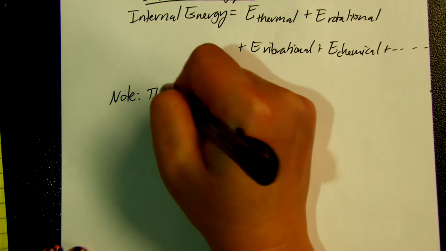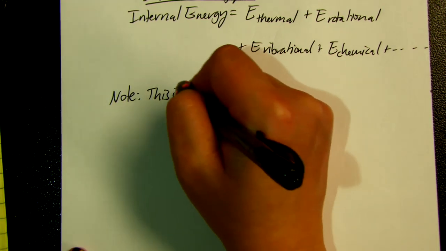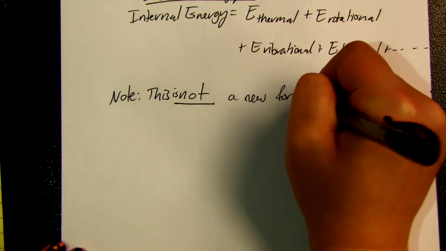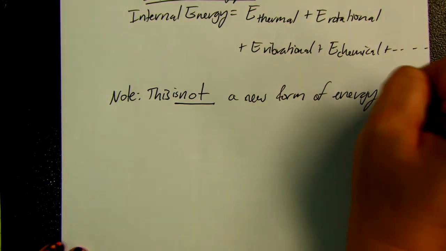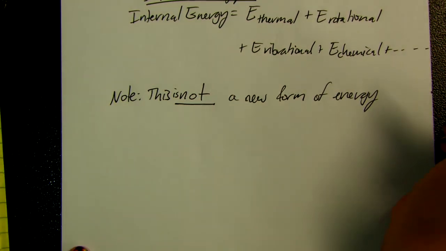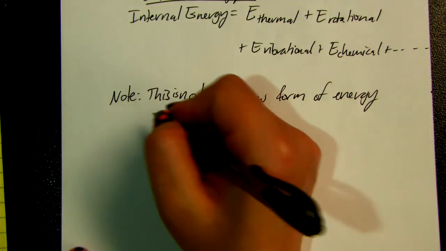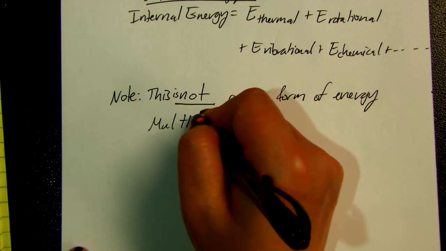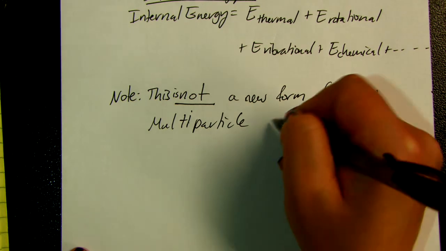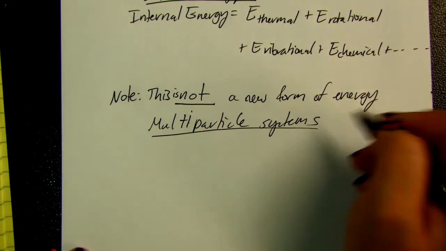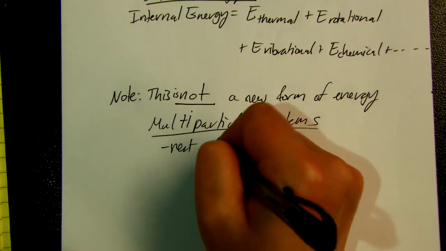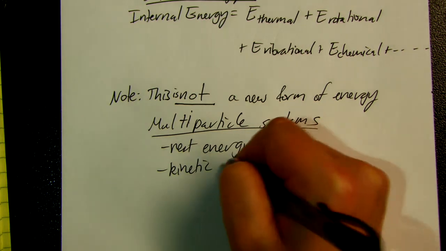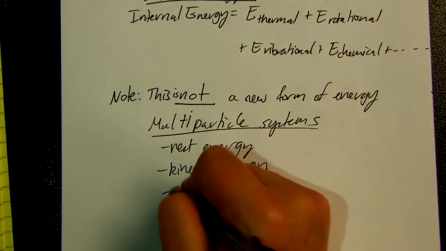this is not a new type of energy. We're just expanding on a category. And it's really for convenience sake. So multi-particle systems still just contain three main types of energy: rest energy, kinetic energy, and potential energy.